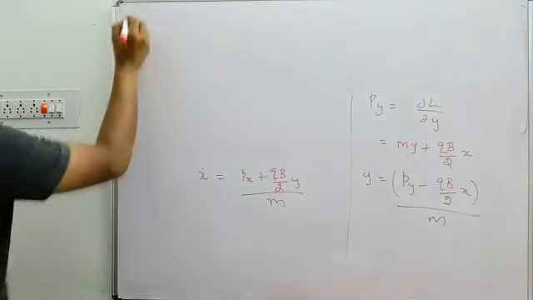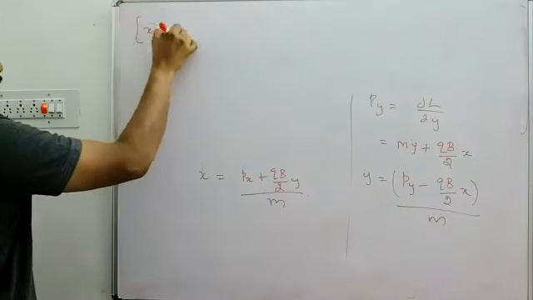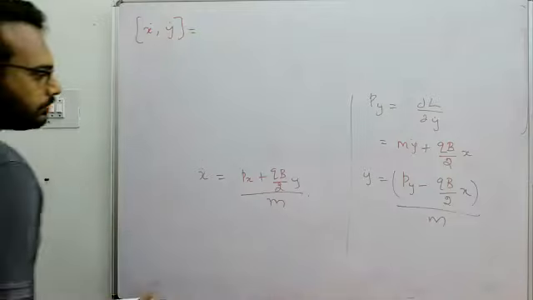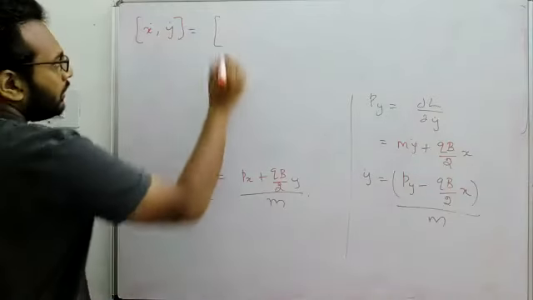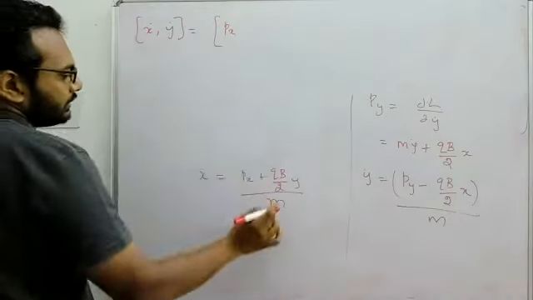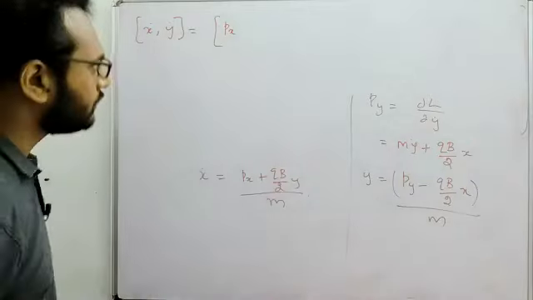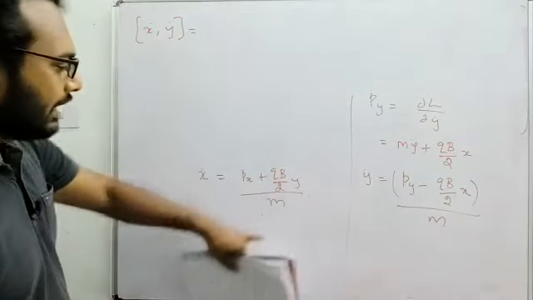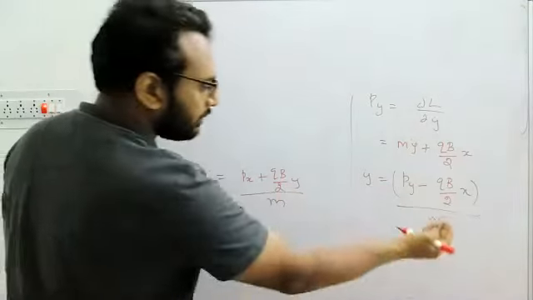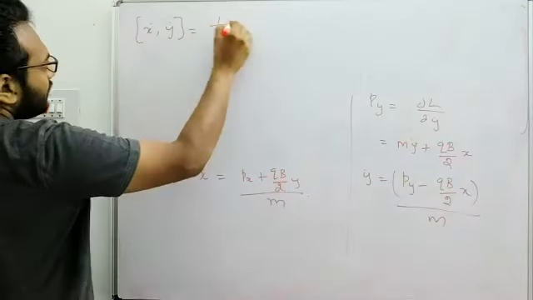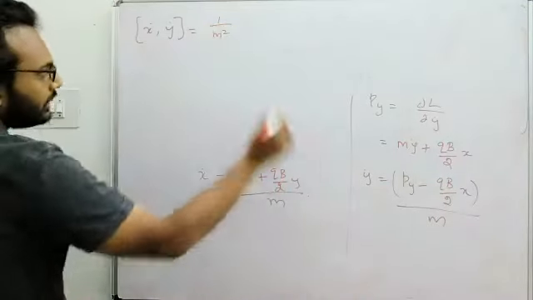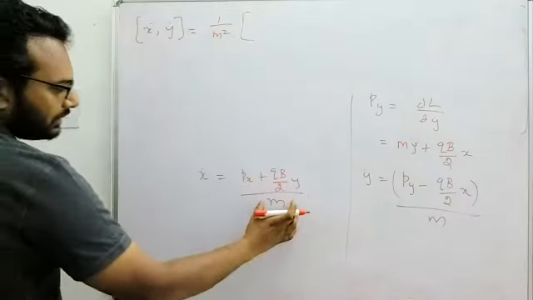So x dot with y dot is equal to, we can pull this m outside. It's a constant inside the Poisson bracket, so you can pull it outside. So this is 1 by m squared, because there's a constant in both terms.